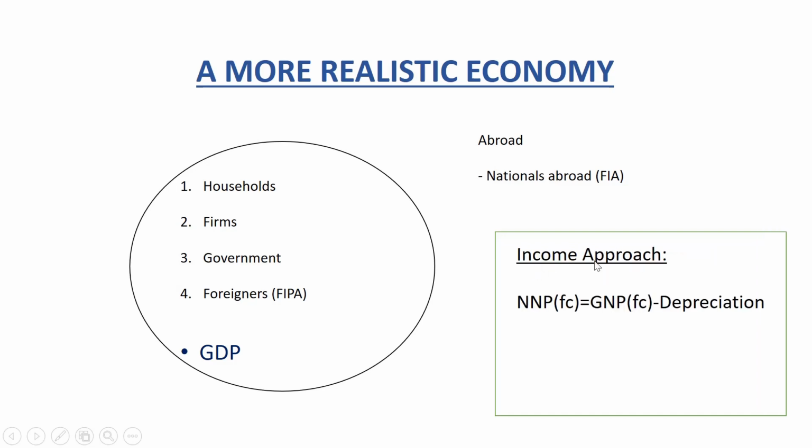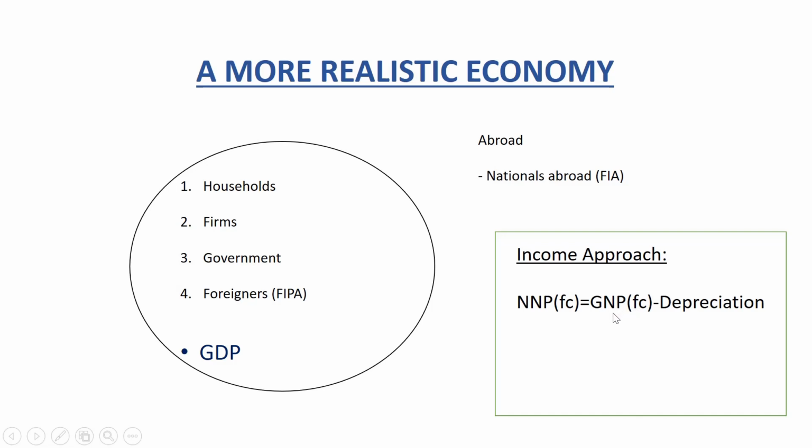Now, if we are using the income approach, then our values will be in what we term as the factor cost. Factor cost means that we are getting values based on the actual cost of production. So from the producer side, the actual value of production is what we term as the factor cost.